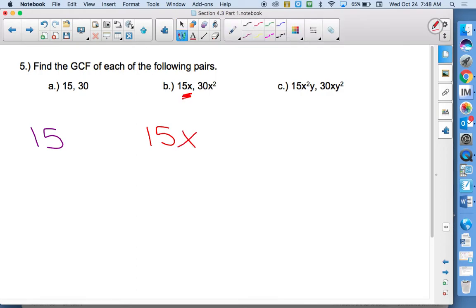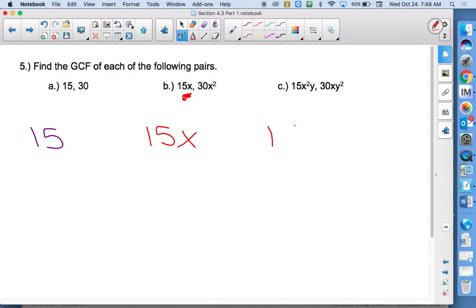Because this one only has an x, and it doesn't have more than an x. Yes, the other one has an x squared, but they both only have that x in common. So you can't have more than what's up there. And then for letter C, again, it just builds on letter B and A. So we have 15x squared y, and then we have 30xy squared.